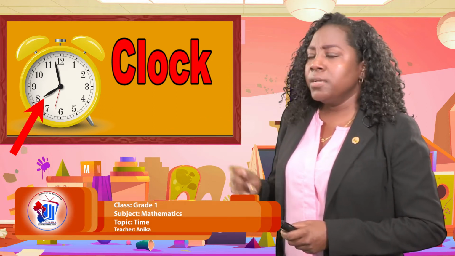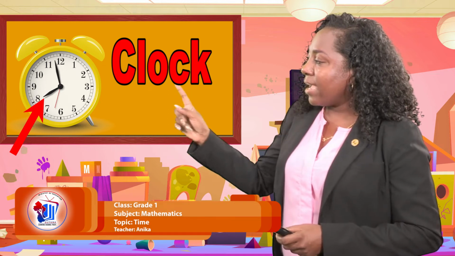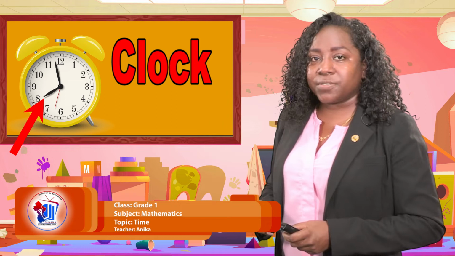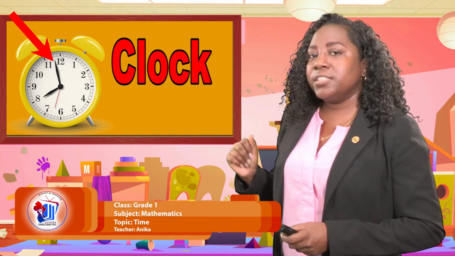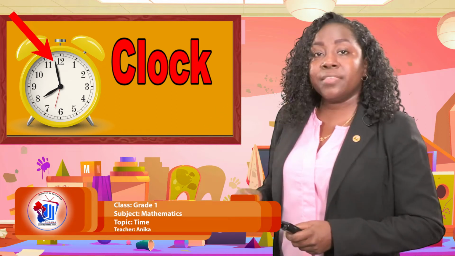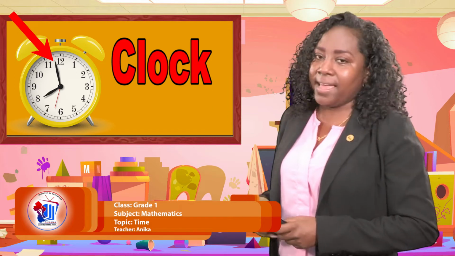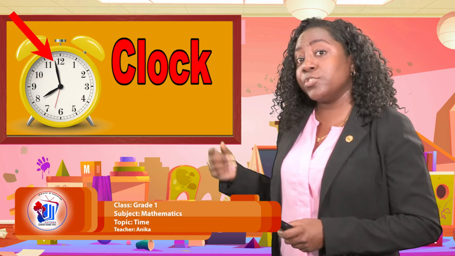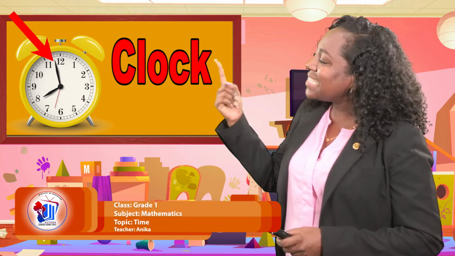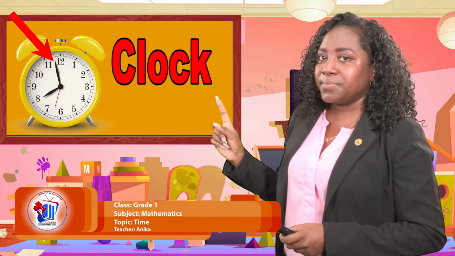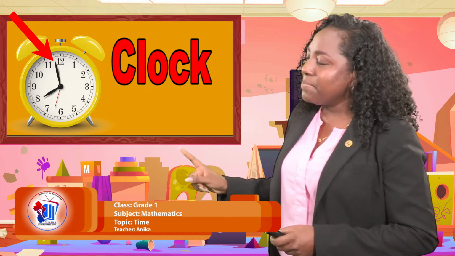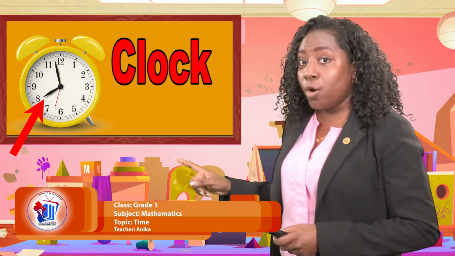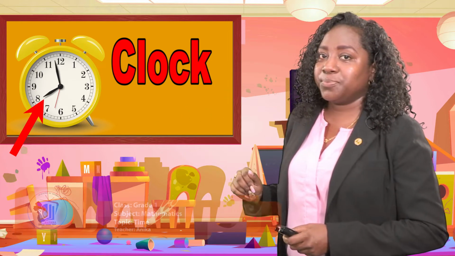So that's the shorter hand. It goes around 12 hours. Then the other one, which is the minute hand, is the longer hand. And this completes one rotation through 360 degrees in 60 minutes. So 60 minutes for the minute hand, and we have 12 hours for the hour hand.